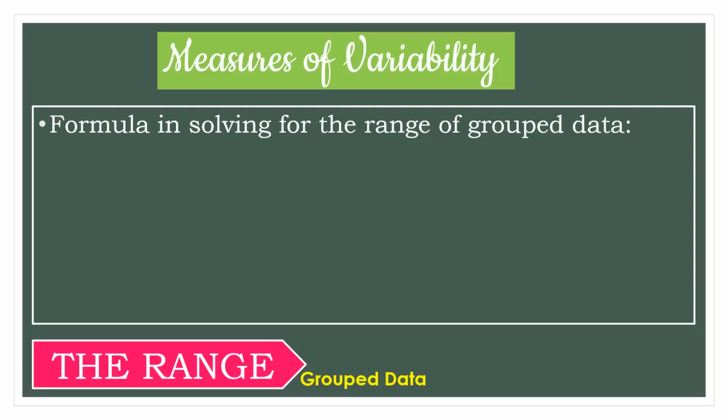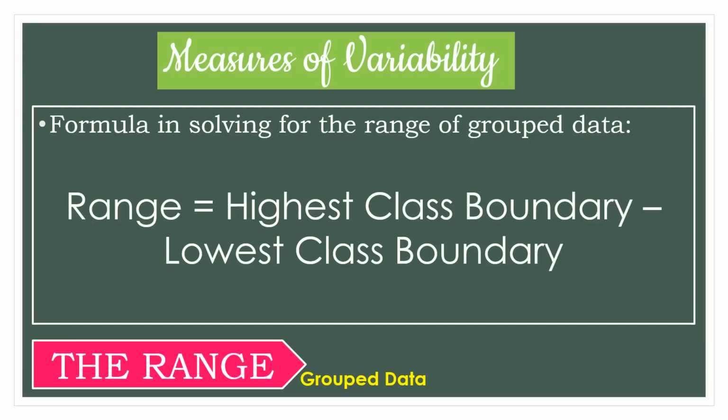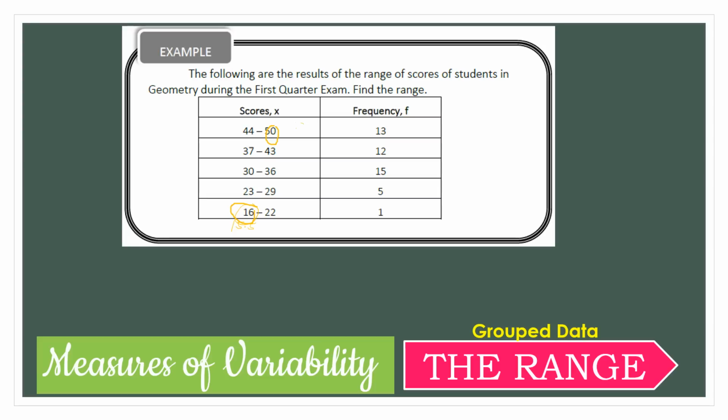If that is for ungrouped data, here is how we solve for the range of grouped data. Our formula is simply this: range is equal to the highest class boundary minus the lowest class boundary.